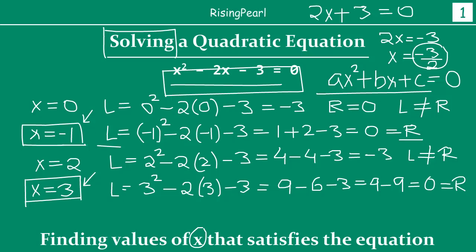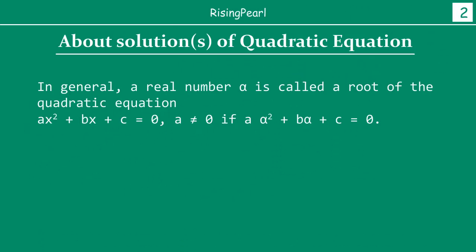So now friends, some of the other important terms go along with it. In general, a real number alpha is called a root. It's a new term, for the first time we are talking about root.